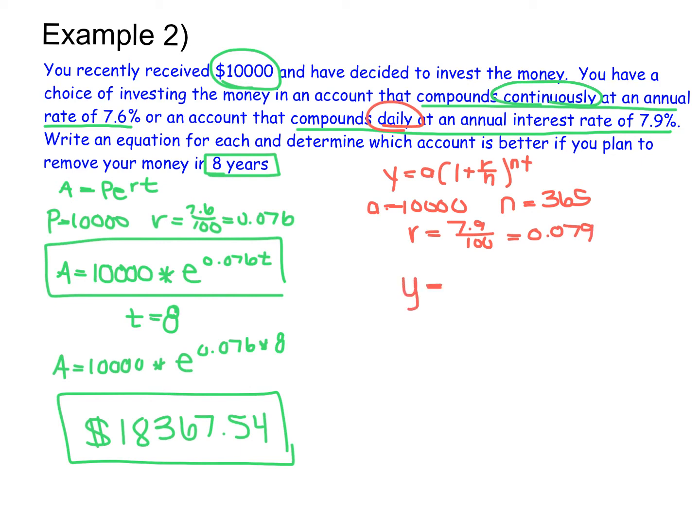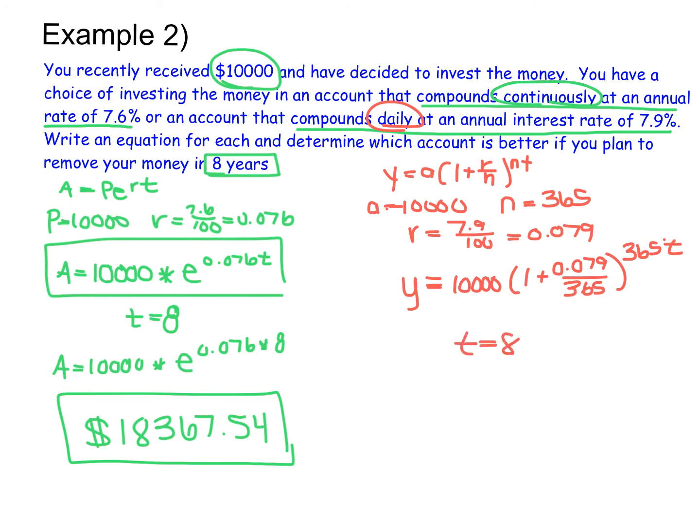So we have y equals 10,000 times 1 plus 0.079 divided by 365, which we then take to the power of 365 times t. Now, for this one, I'm just going to type that equation into my calculator as is. So we have 10,000, then in parentheses 1 plus 0.079 divided by 365, all to the power of 365, and our t value here is going to be 8.